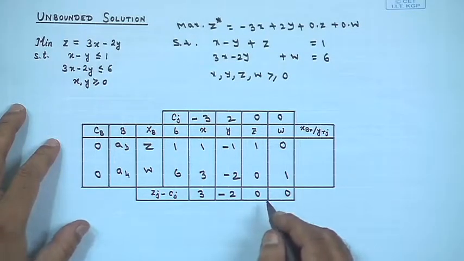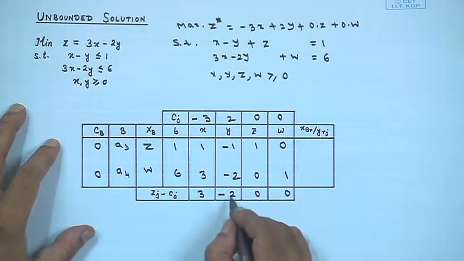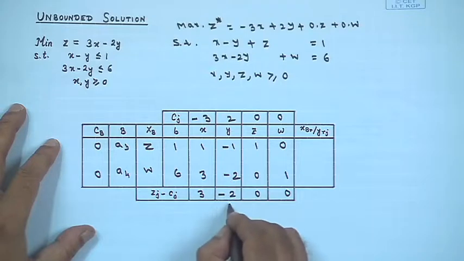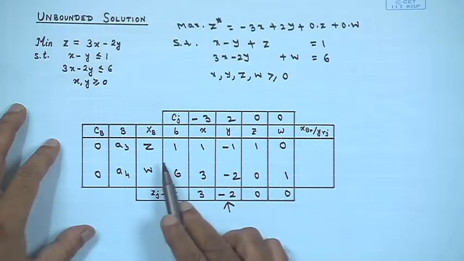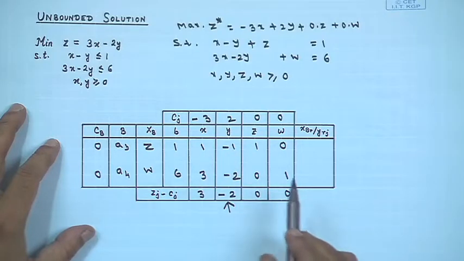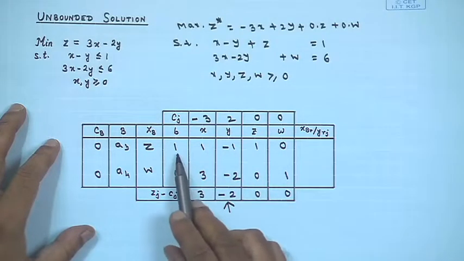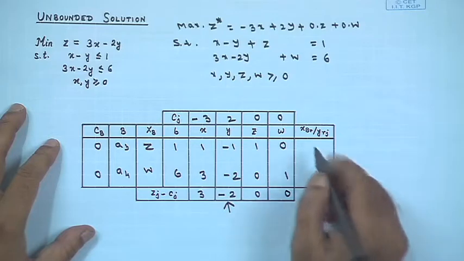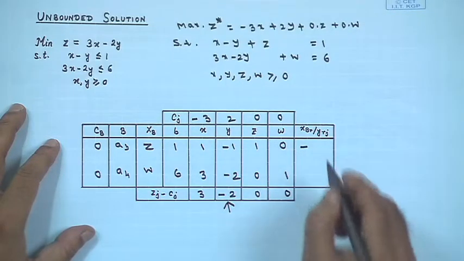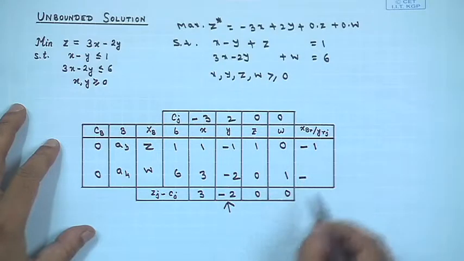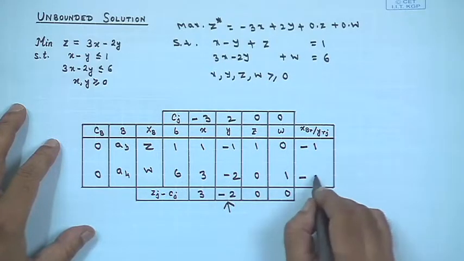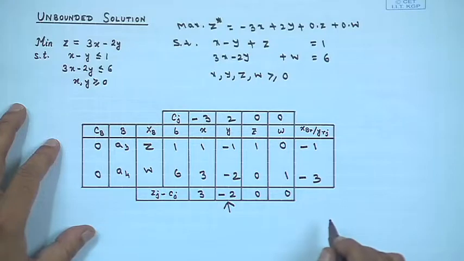In this case, your entering vector will be y, and the leaving vector is decided by the ratio b by xj. But in both cases, the first one is 1 by minus 1, that is minus 1, and the second is 6 by minus 2, that is minus 3.